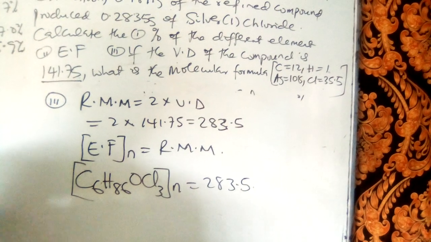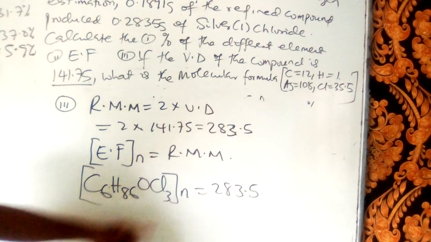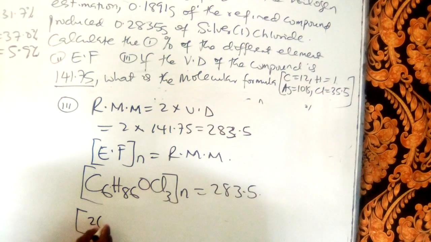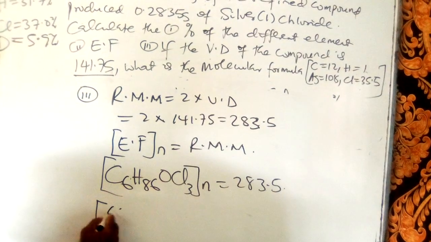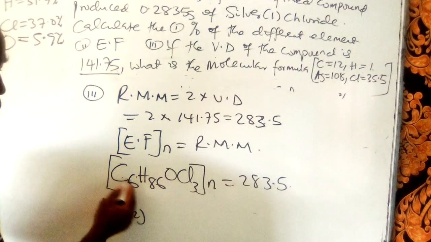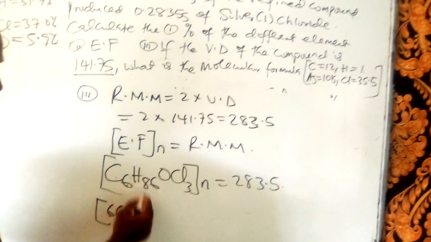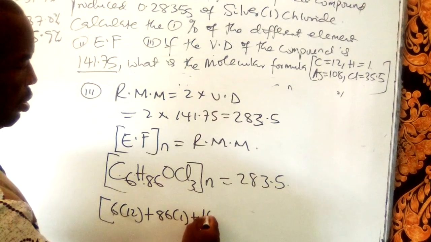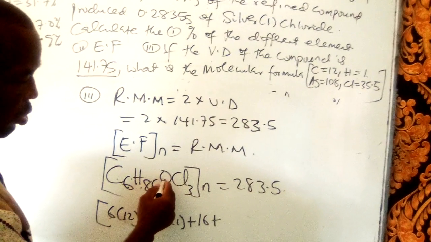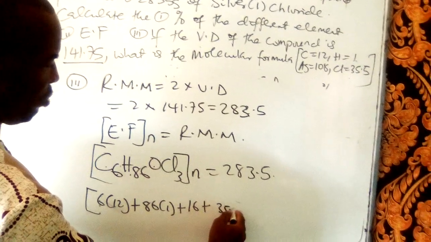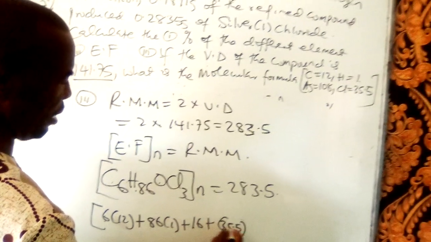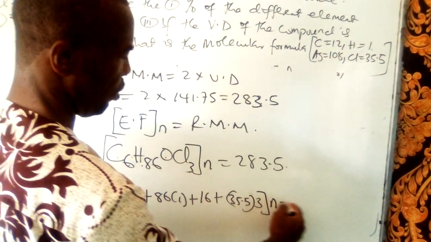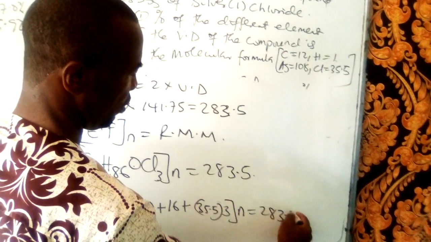So how do we find the molar mass of the empirical formula? Carbon is 12, so 6 times 12. Hydrogen is 1, so 86 times 1. Oxygen is 16, while chlorine is 35.5, then multiplied by 3 because of the presence of 3 atoms here. Then n equals 283.5.